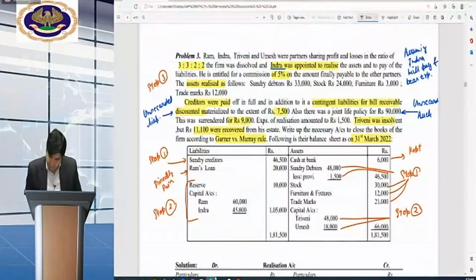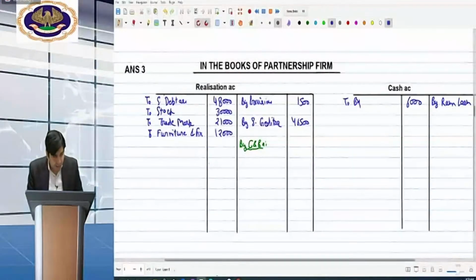See, debtors 30,000, 33, then 24, then 3, and then 12. And one another thing was also there: JLP was surrendered with 9,000. So we shall consider 9,000.